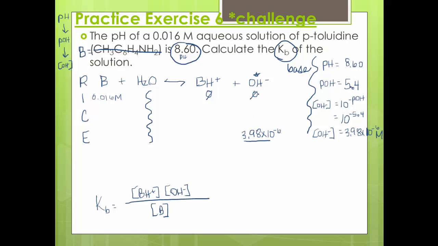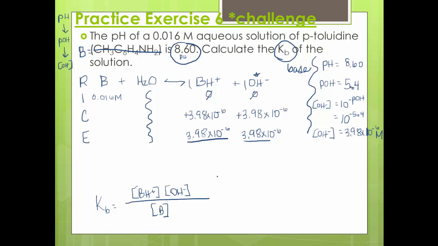So I now know that the OH started at 0 and it ended at 3.98 times 10 to the negative 6. So that was the amount that it increased by. That's kind of a duh statement. But I know that the BH plus and the OH minus both started at 0 and they increased by the same amount because, again, that 1-to-1 ratio. So this is also going to be plus that value, so it's going to end at that value.